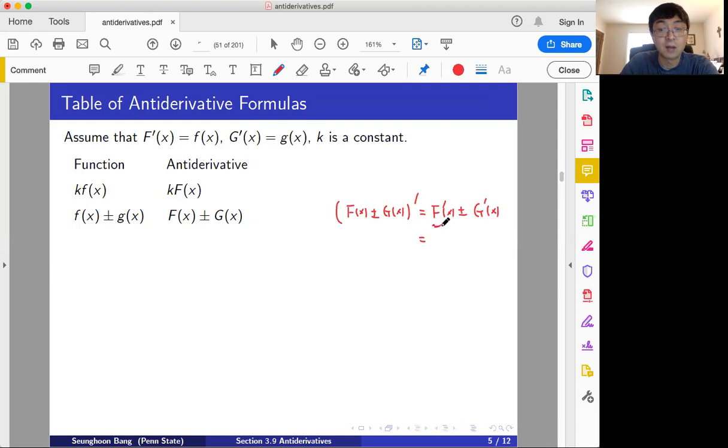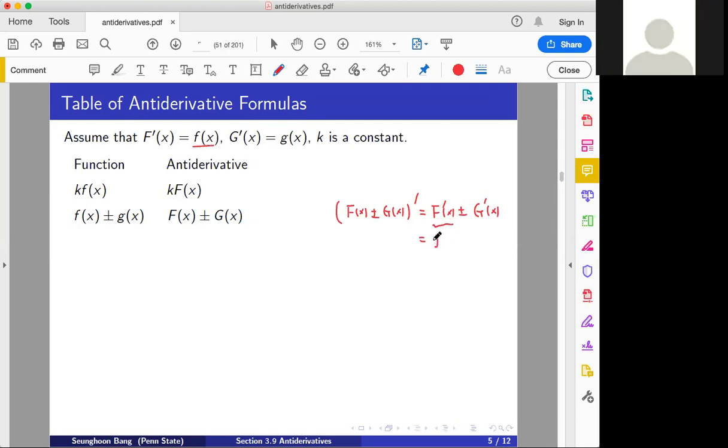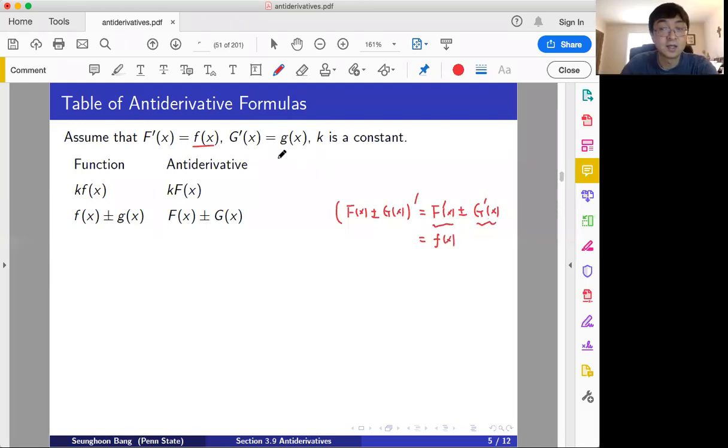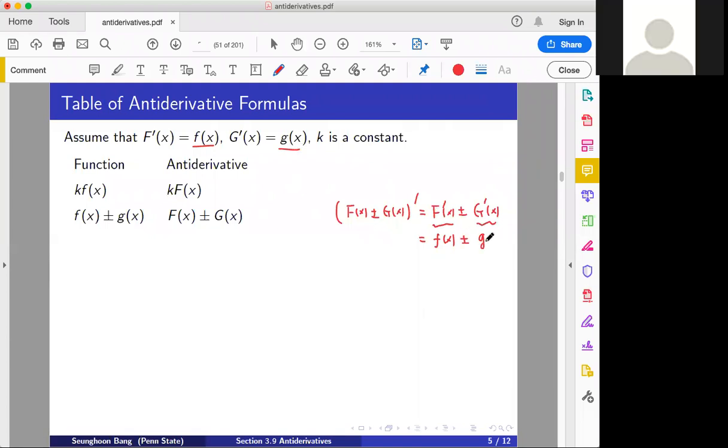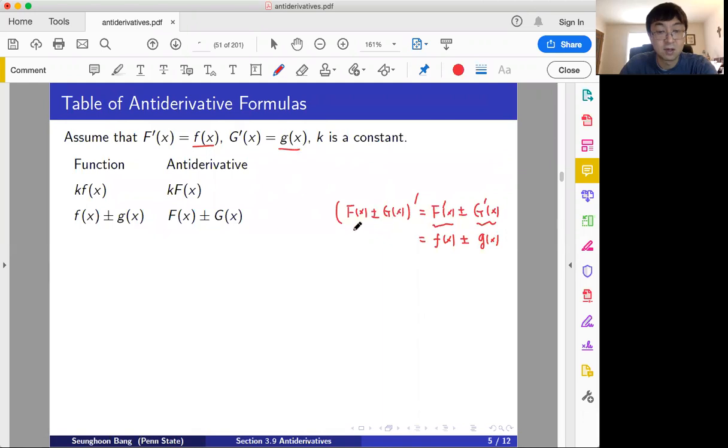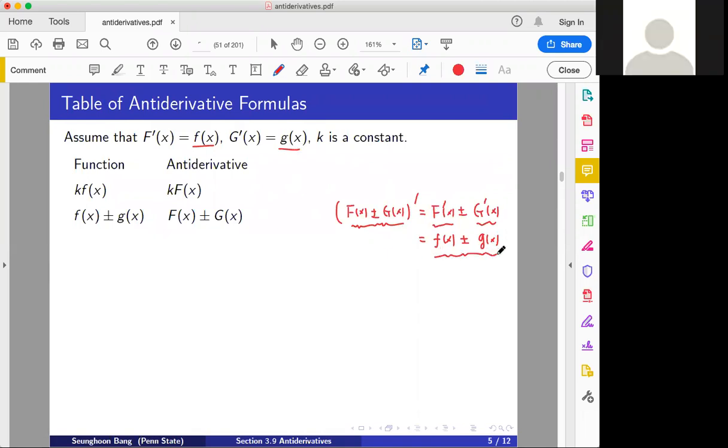Capital F prime of x is little f of x, and capital G prime of x is exactly little g of x. So capital F of x plus or minus capital G of x is exactly the antiderivative of little f of x plus or minus little g of x. This is the whole idea.